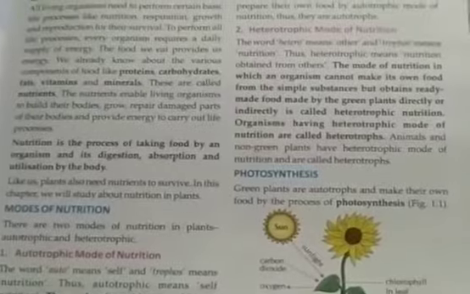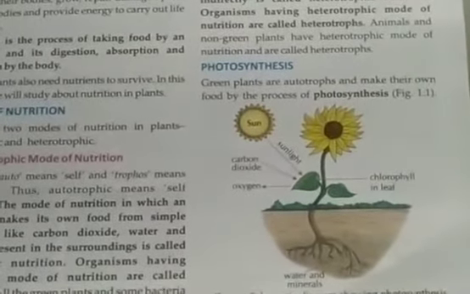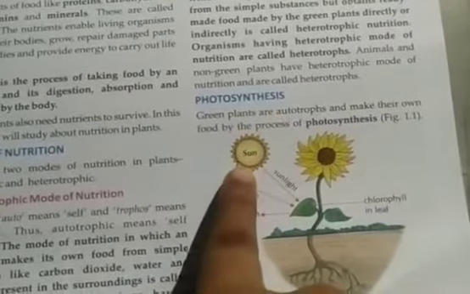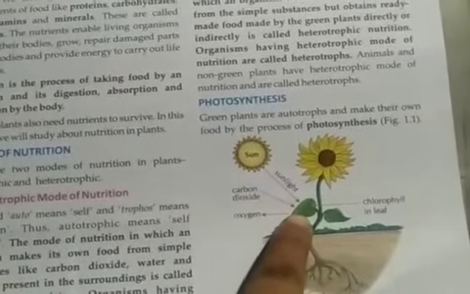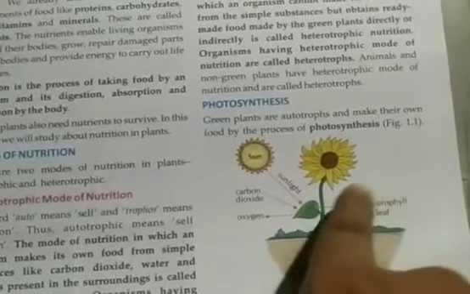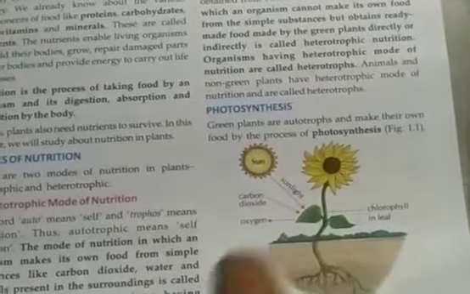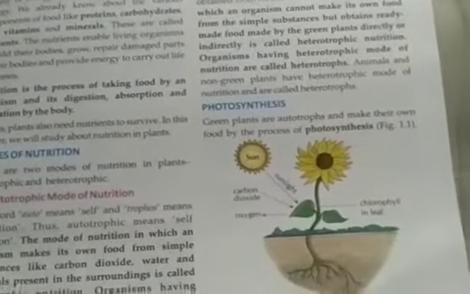Now, in this picture, you can see very clearly that the sun is giving the sunlight, carbon dioxide is taken from the environment, and chlorophyll is present in the leaf, and all these three components when they come together help the plant to perform the process of photosynthesis. Okay?